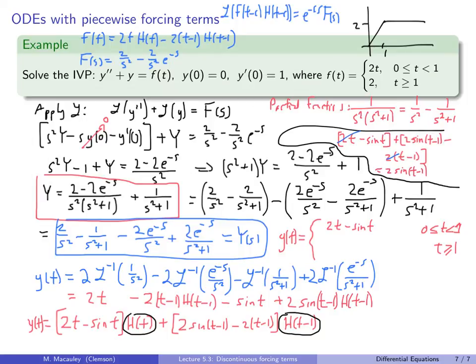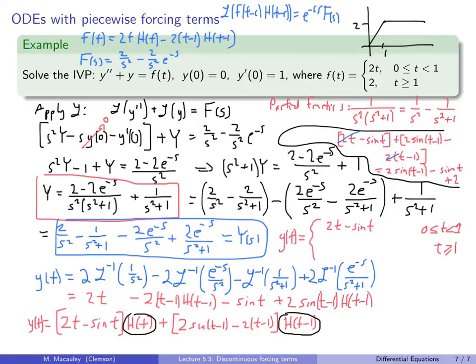Then what else do we have here? We have a minus sign right there, and then we're going to have a 2, because there's a minus 2 times negative 1. So we have sine of t, and then plus 2.